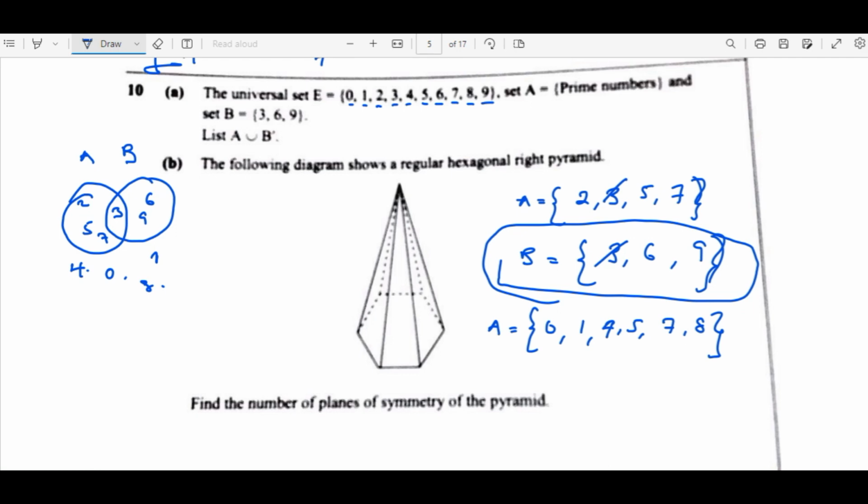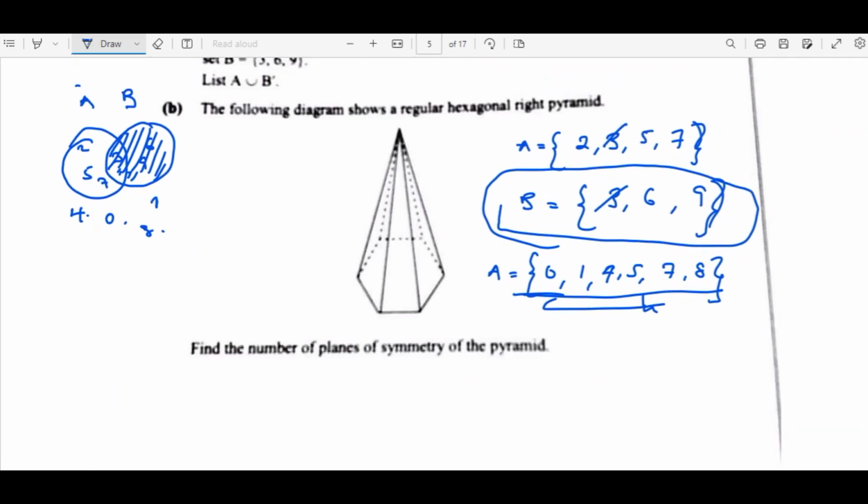These numbers in B are not needed, so that is the complement. The numbers that have been left, which belong to set A, and the numbers that belong to the universal set, that is what we mean when we say A union B complement.